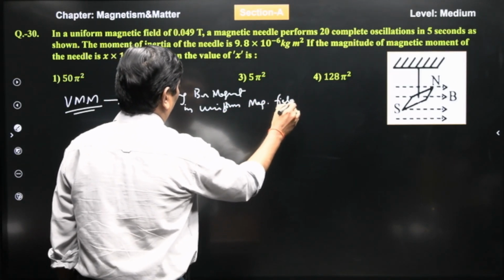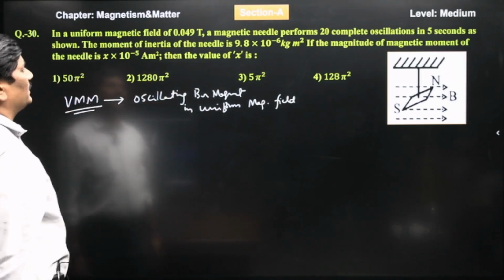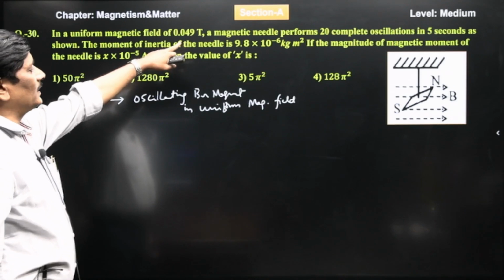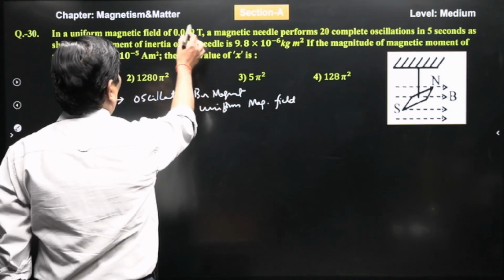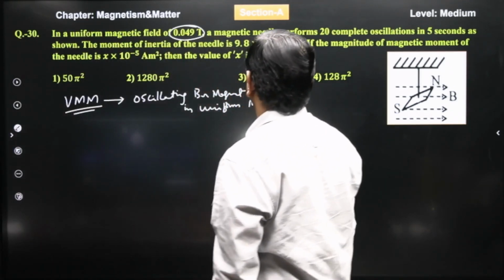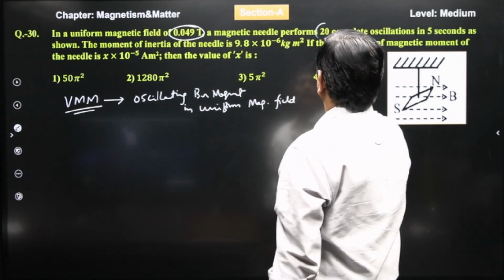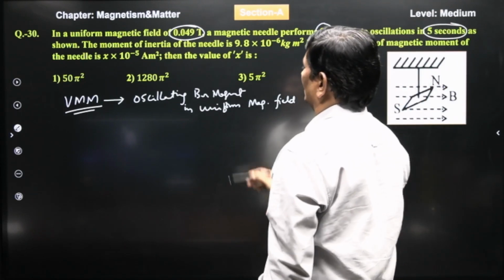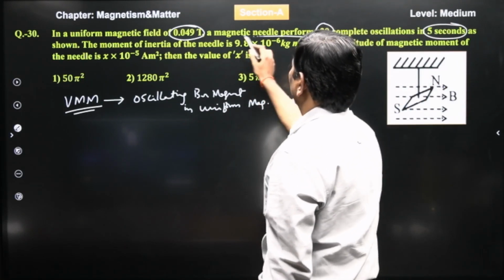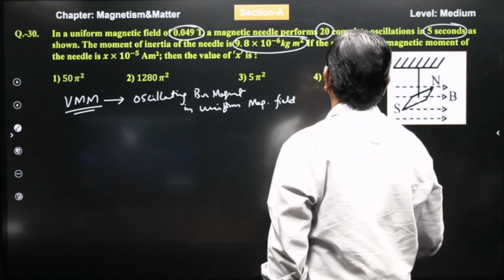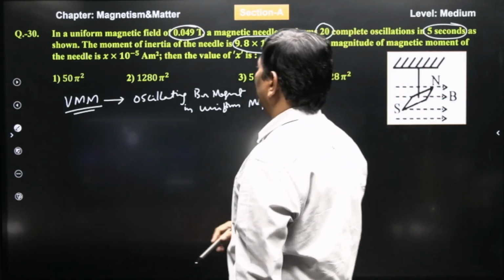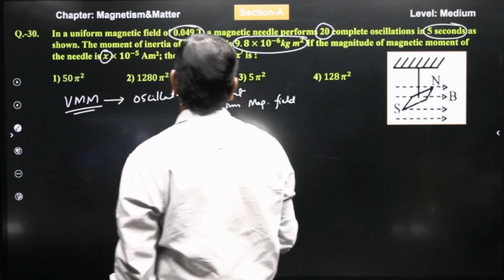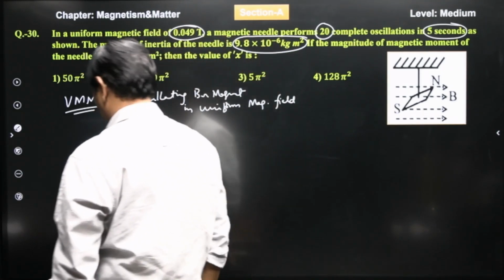So, it is an oscillator. It is given in a uniform magnetic field of 0.049 Tesla, that is capital B. A magnetic needle performs 20 complete oscillations in a time of 5 seconds. The moment of inertia of the needle is 9.8 into 10 power minus 6. If the magnitude of the magnetic moment of the needle is x into 10 power minus 5 ampere meter square, then find the value of x.